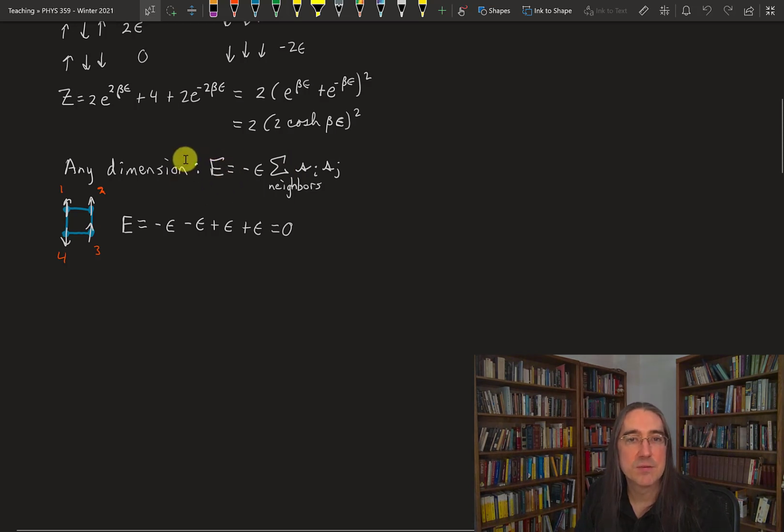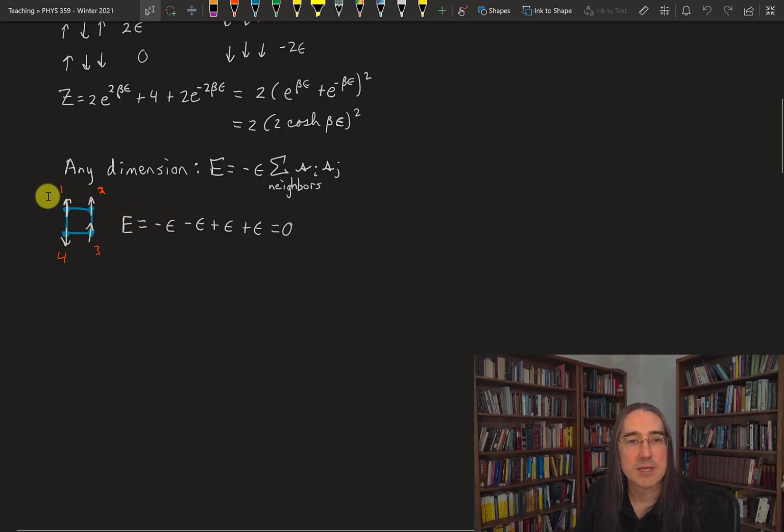The energy, the interaction potential, which in this case is the only energy, will be minus epsilon times the sum over nearest neighbors of S_i times S_j. So in this case, I'm just going to go around the square.